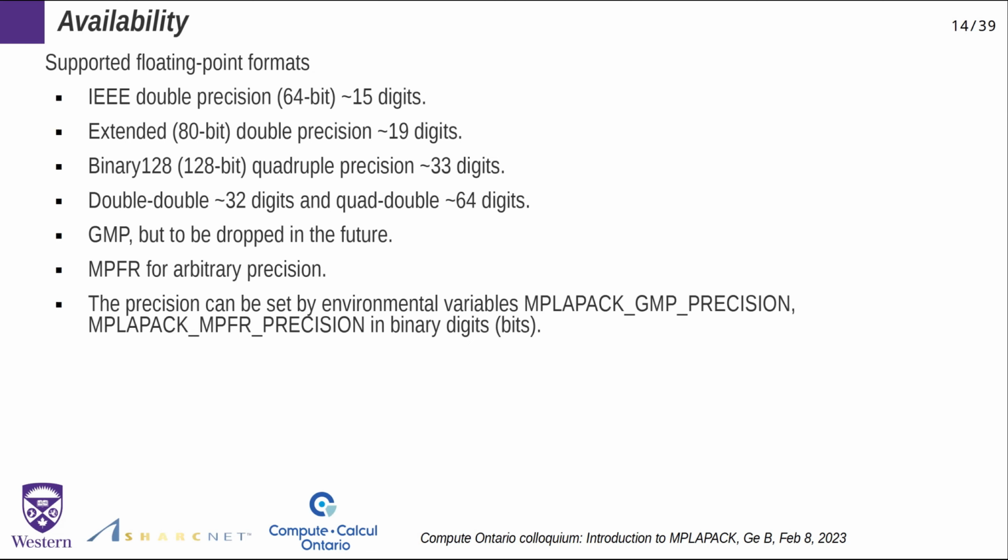Supported precisions. The following are the supported floating point formats: IEEE double precision, extended double precision using 80 bits, binary128 or quadruple precision, equivalent to 33 decimal digits, and support for arbitrary precision using GMP and MPFR.